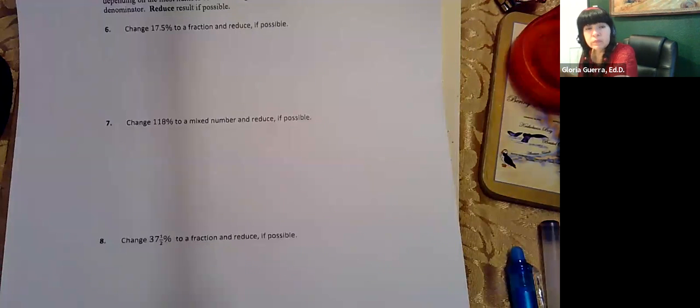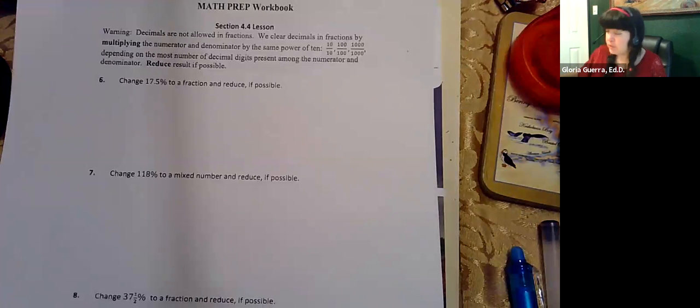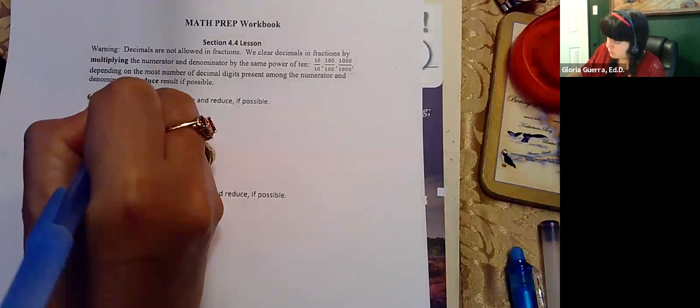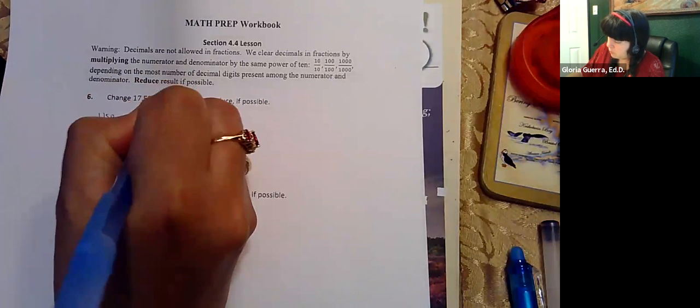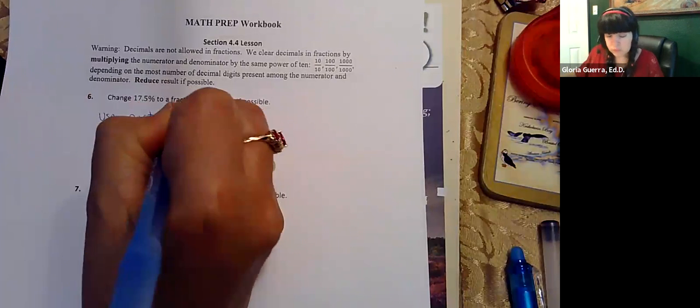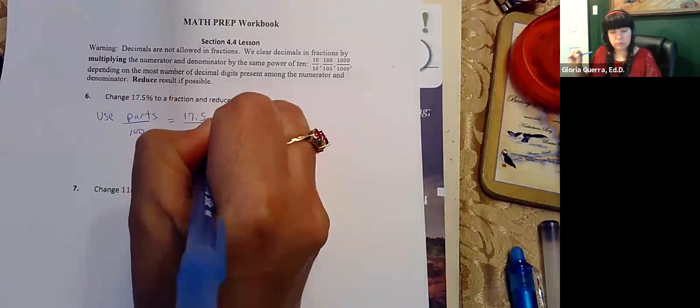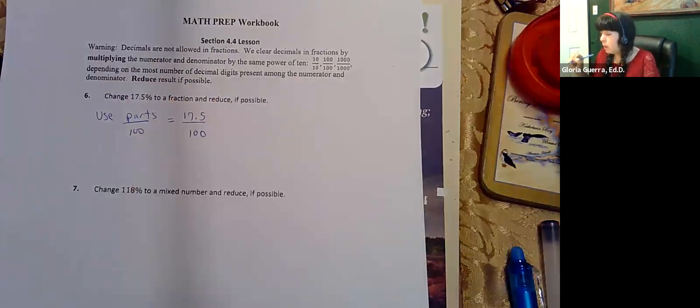All right, I'll read this paragraph in a little bit, but if we start off with this, we start off with the idea that we want to use parts over 100. And so for us, we have 17.5 over 100. And notice how I left off the percent symbol here.